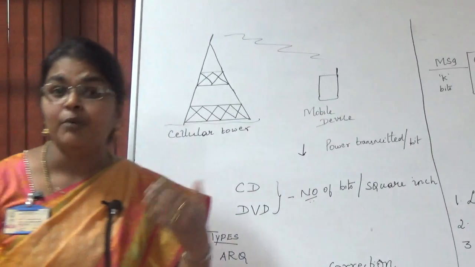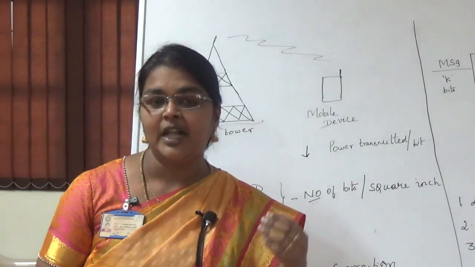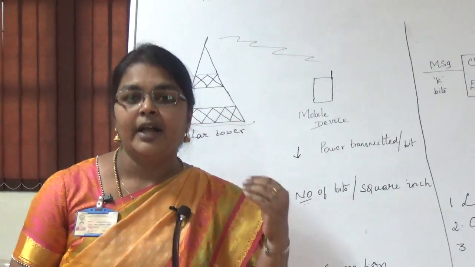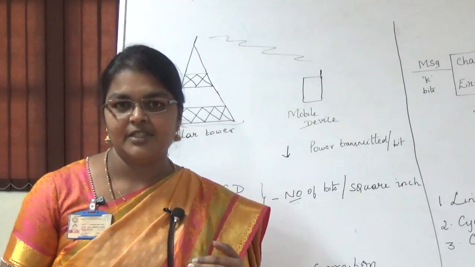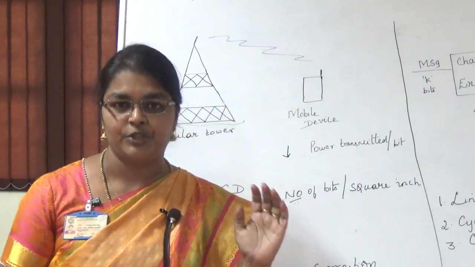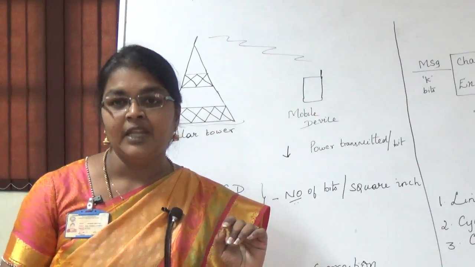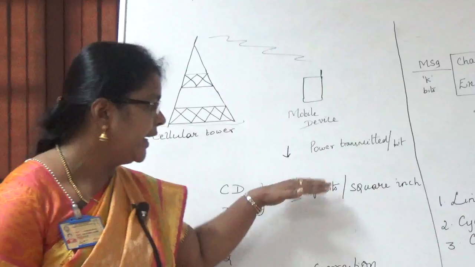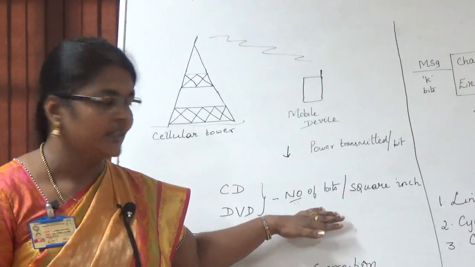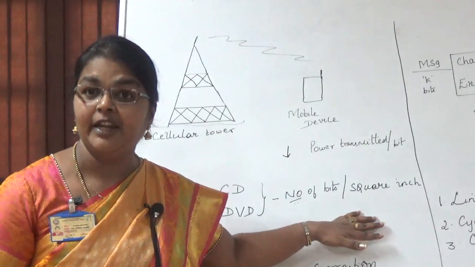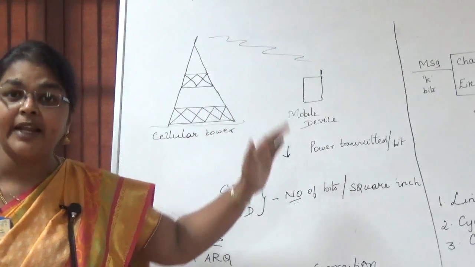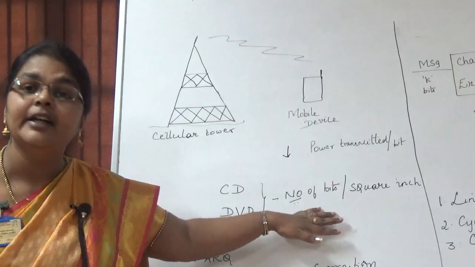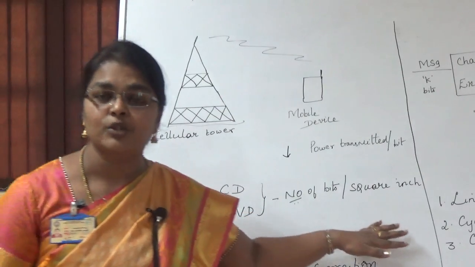We'll see why. Say for example, I want to store an HD movie which is a large value. What I prefer is the entire movie should be stored in a single CD. This I can achieve only if the number of bits per square inch is very high. By applying error control coding, what I can achieve is a greater increase in the number of bits per square inch.